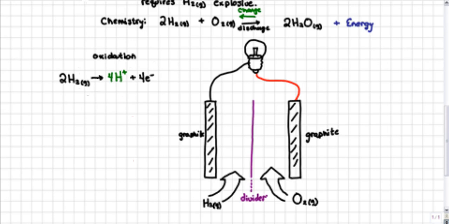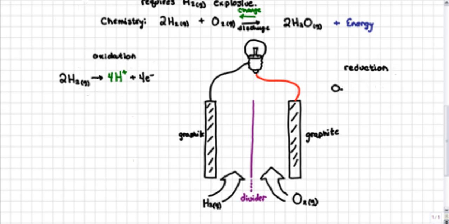And so the hydrogen gas comes into contact with the graphite electrode on the left, and the oxygen gas is coming into contact with the graphite electrode on the right. And so on the right we have the reduction process taking place. And it's going to be the reduction of oxygen gas.